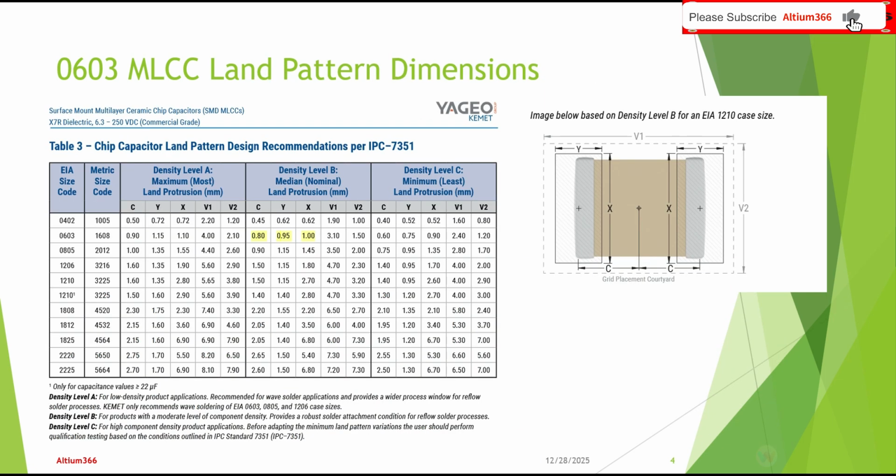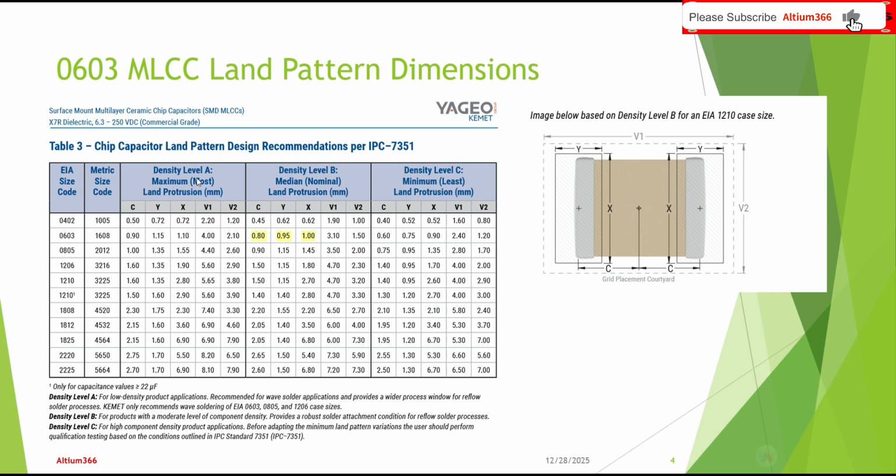Next, we move from component dimensions to the land pattern dimensions, which are the PCB pad size. Here you can see the recommended pad size from KEMET, and these are the pads we are going to create in Altium Designer. For 0603 or metric code size 1608, KEMET has recommended 3 different types of pad sizes, depending on how many components are going to be placed on your PCB.